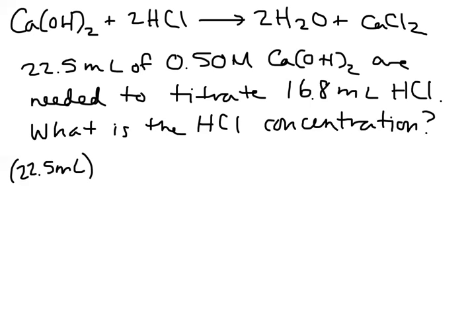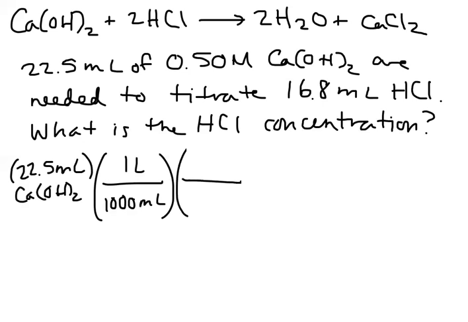What do I have to do first with this? Change it to liters. So 1,000 mL per 1 liter. And now I have 0.50 moles of Ca(OH)2 per 1 liter.